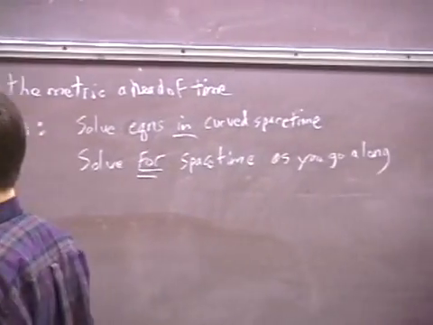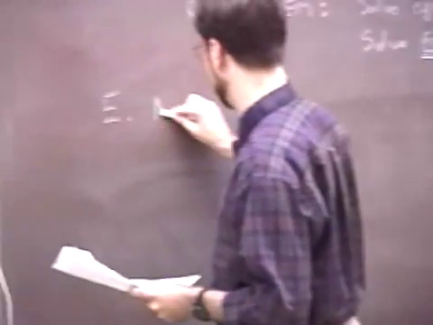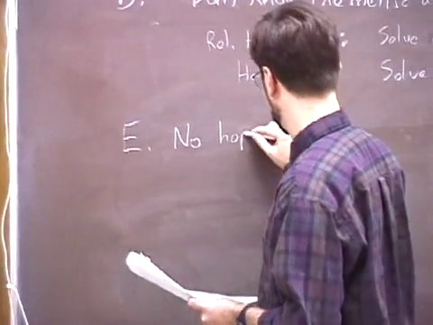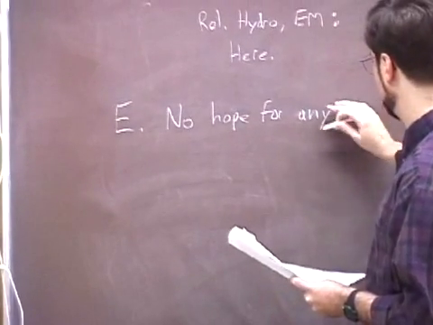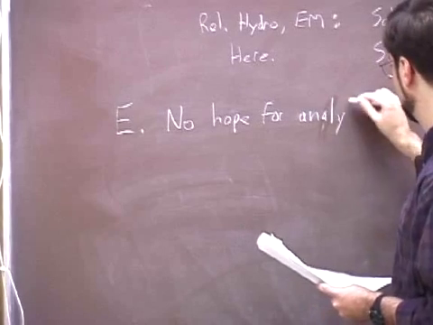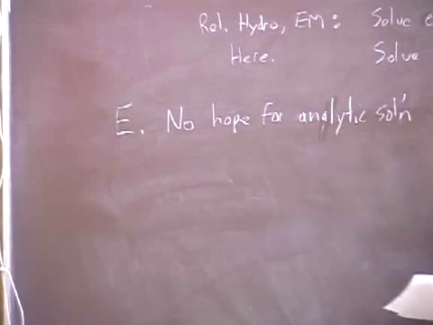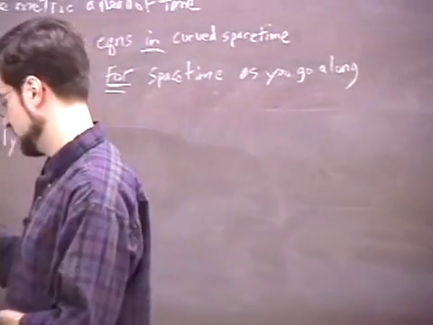So that's quite different. You don't start with saying, oh, I know the metric is this, and then continue. You actually have to solve for it. The last thing that these have in common, which you probably have guessed by now, is there's no hope for an analytic solution, because of everything that goes above.